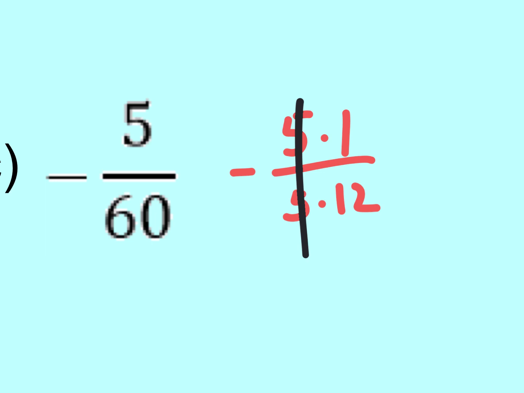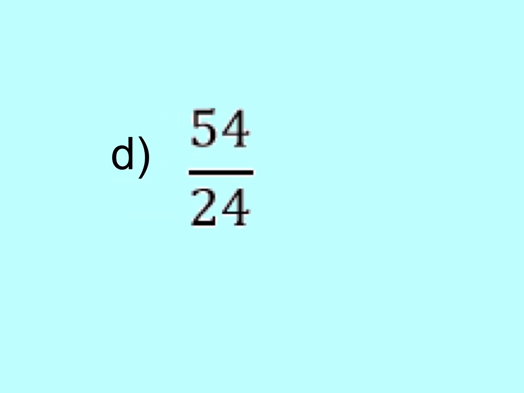All right, and D. There's a lot of things that go into 54. You can do this either of two ways. You can say, like, 2 times something makes 54. I know that must be true. Or I can just go with, well, I know 9 and 6 works. Just start with something. And then see if on the bottom, if there's something that would also work nice there. Like, ooh, 6 goes into 24 also.